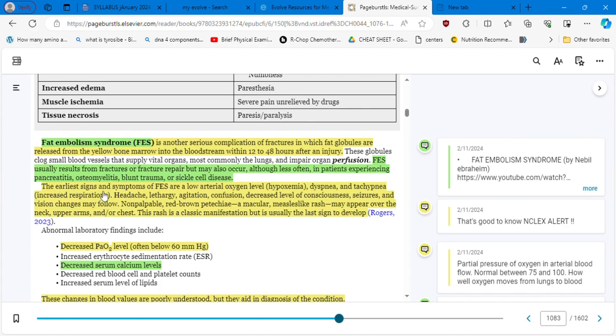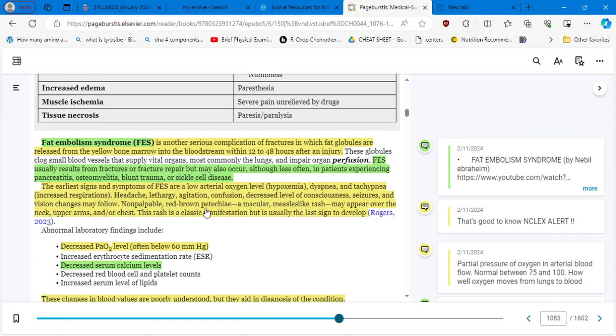The early signs and symptoms of fat embolism syndrome are a low arterial oxygen level, hypoxemia, dyspnea, and tachypnea, which is increased respiration, right? Headache, lethargy, agitation, confusion, decreased level of consciousness in general, seizures and vision changes may follow.